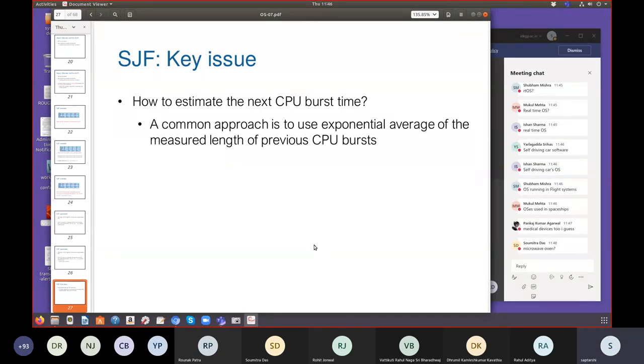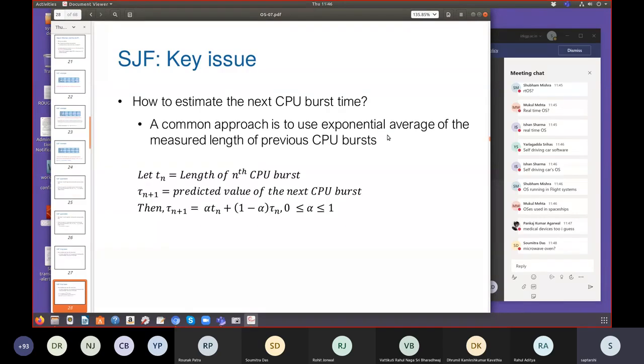The only rational way of trying to predict the future is to learn from history. The common approach here is to use exponential average of the measured lengths of previous CPU bursts. The kernel knows how long the previous CPU bursts of this process have been, and from that it will try to estimate the next CPU burst time.